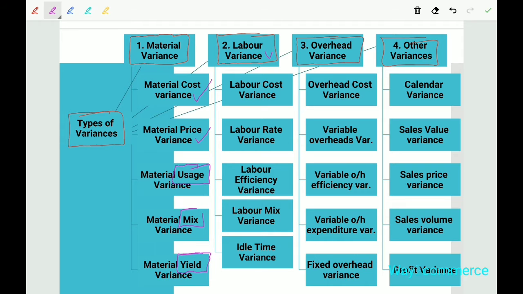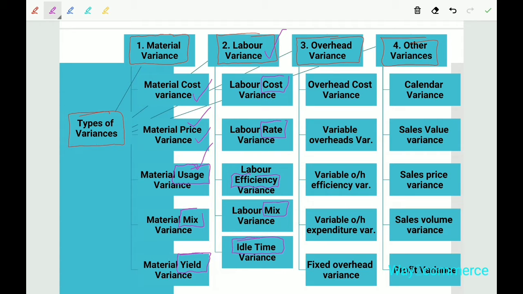In respect of labor: labor cost variance, labor rate variance, labor efficiency variance, labor mix variance, idle time variance. So these are the labor variances.